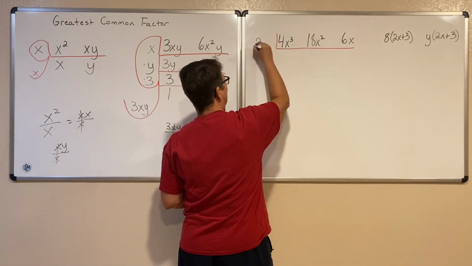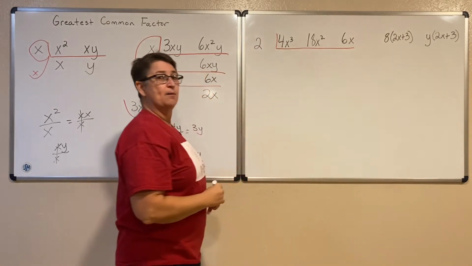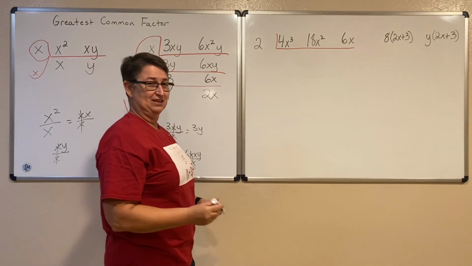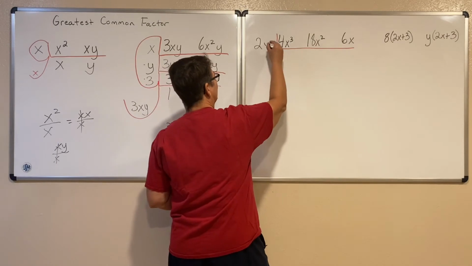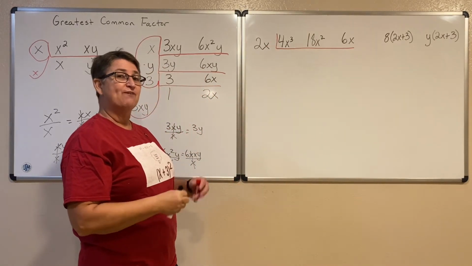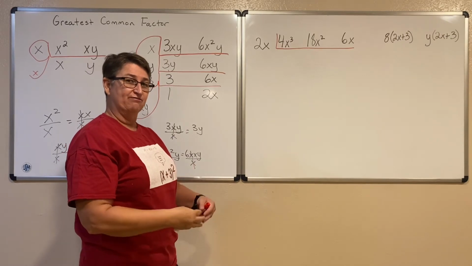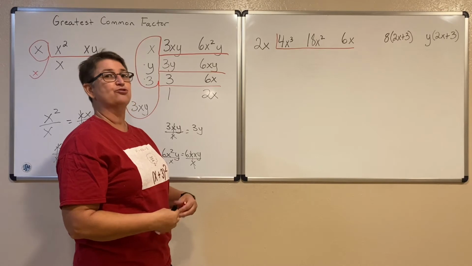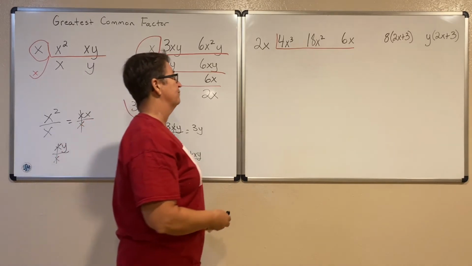So I'm going to go ahead and write down that 2. But I'll also notice that all three of them have an x in them. So I know x is a factor of them as well. So if I can see a bigger number that is a factor of all of them, I can go ahead and use that bigger number to divide by to begin with.